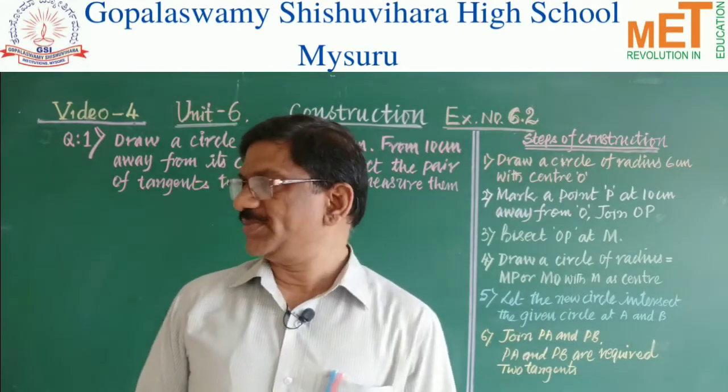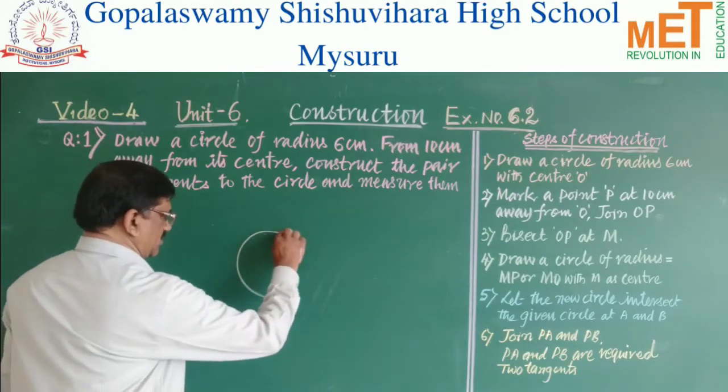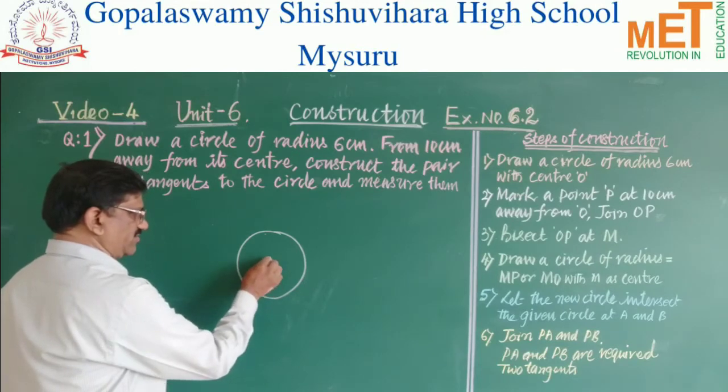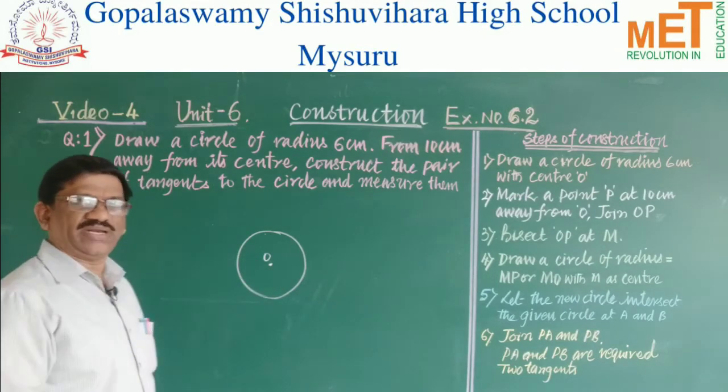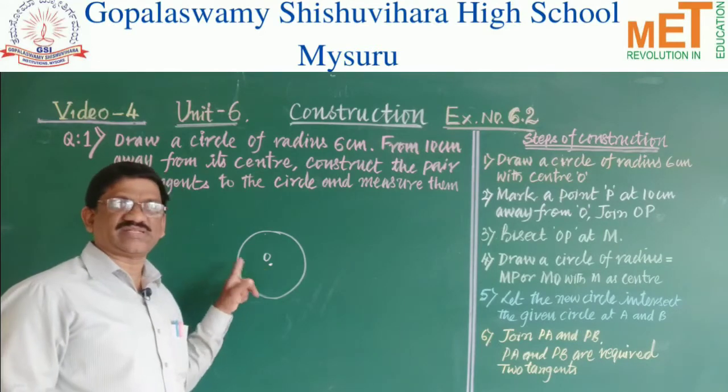You see, children, whenever a circle is given, let this be a circle with center O. In how many ways can you draw a line with respect to this circle?